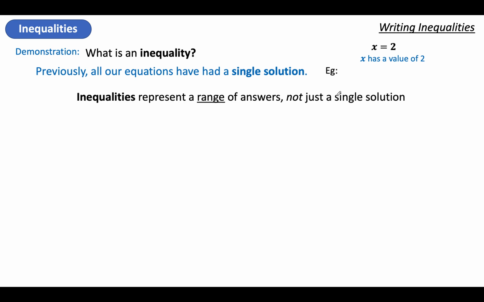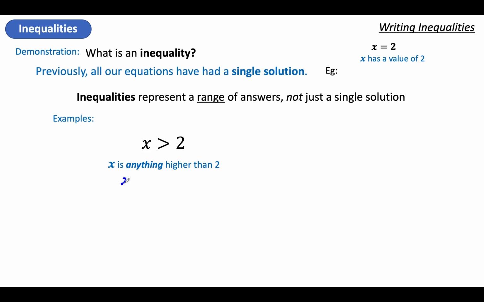Now, inequalities have a range of answers, not just one single solution, but a whole range of answers. It's something like this, and you might have seen these symbols before. Some people call it a crocodile mouth, and then a 2. What this means is that whatever is on the left-hand side of this symbol is bigger than the thing on the right. This particular one means that x is worth anything higher than 2.